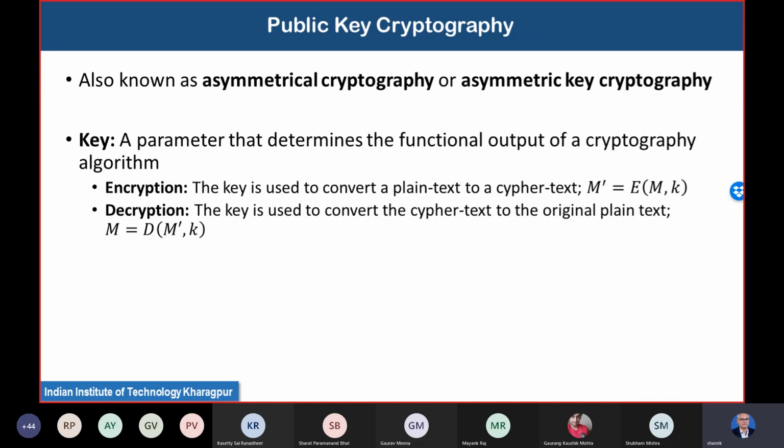That is what we see here. Actually, in public key we will have this K for encryption and another key, say K prime, for decryption, as we'll quickly see. So do not get confused that we are using the same K here for encryption and decryption; this is only the definition of what a key is all about. It is not specifically talking about public key.